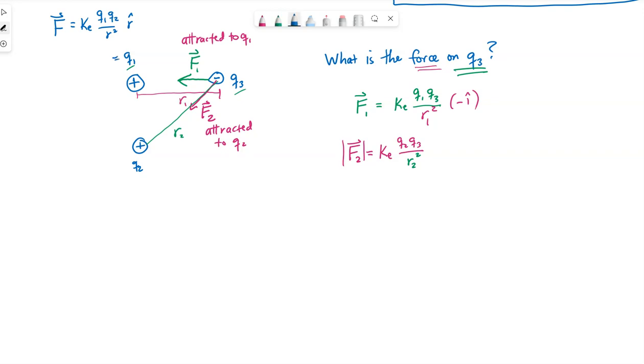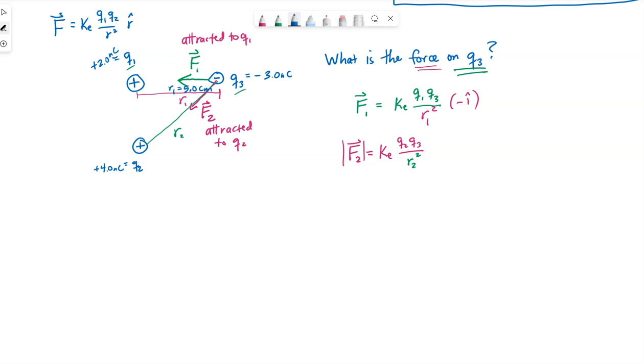Let's say Q1 is positive 2 nanocoulombs. Let's make Q2 positive 4 nanocoulombs, Q3 negative 3 nanocoulombs. I'm just making up numbers here. Let's say R1 is 5 centimeters.